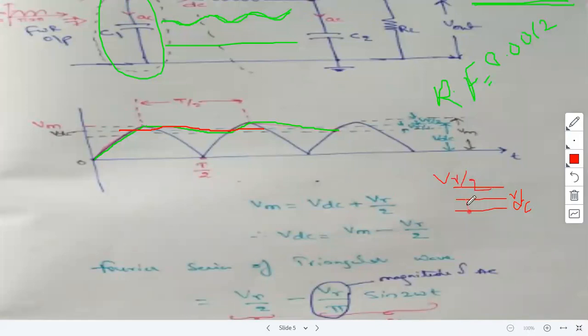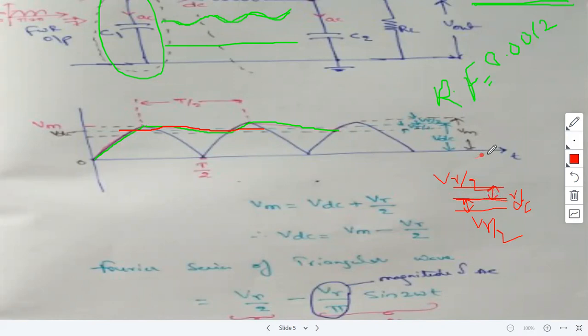Similarly, the lower part is also VR by 2. These are all the ripple voltage. This is the constant VDC.